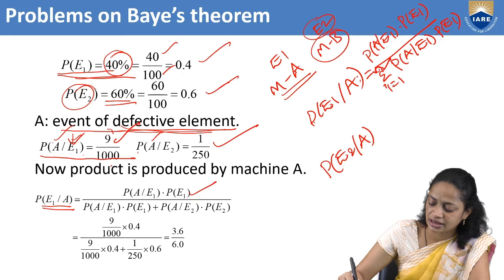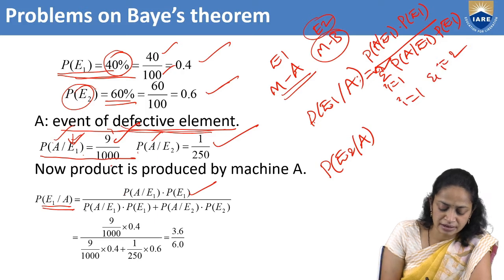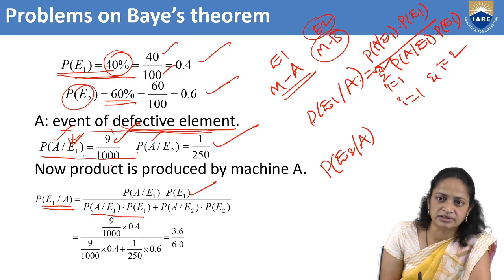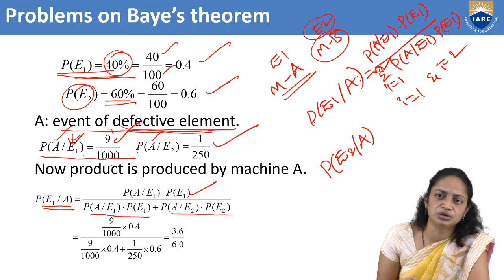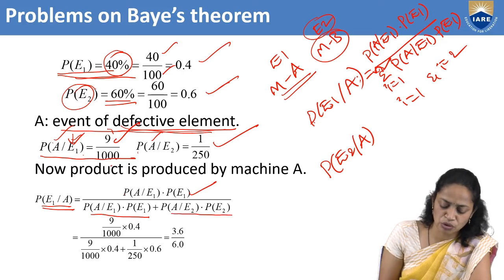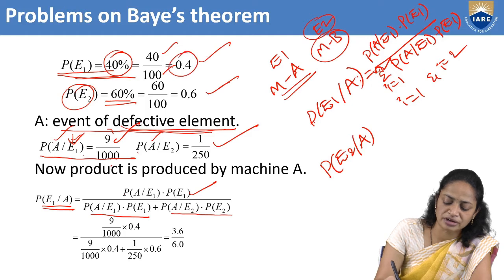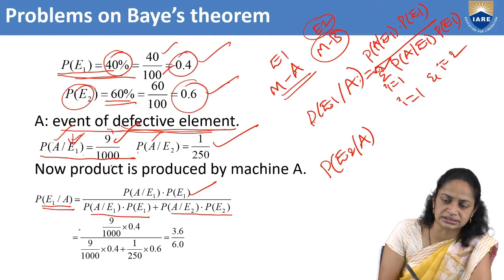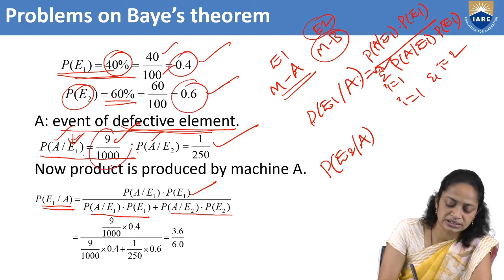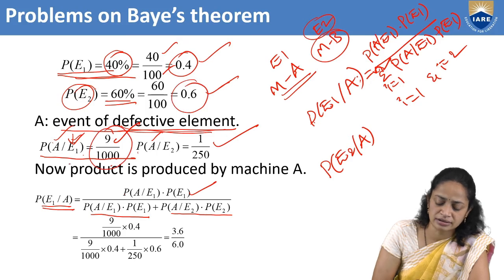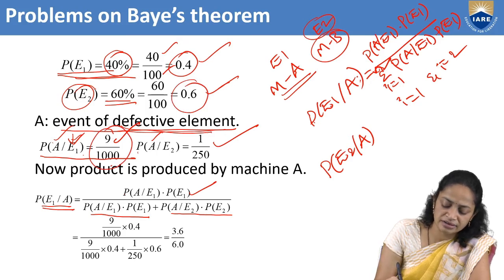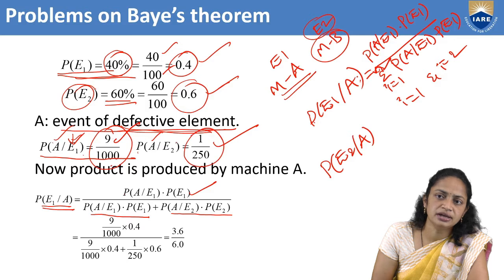Two machines, so we substitute i equal to 1 and i equal to 2: P of A given E1 into P of E1 plus P of A given E2 into P of E2. We know that P of E1 is 0.4, P of E2 is 0.6, P of A given E1 is 9 by 1000 and P of A given E2 is 1 by 250.